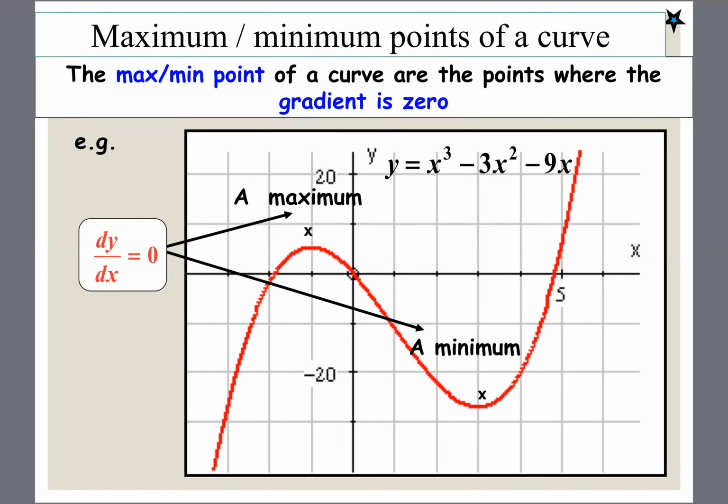However, when you look at this function given in red color, the equation of my function is y equals x cubed minus 3x squared minus 9x.